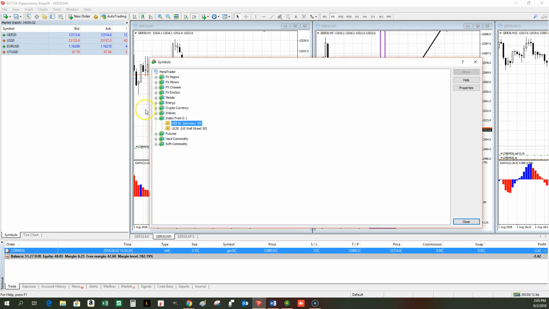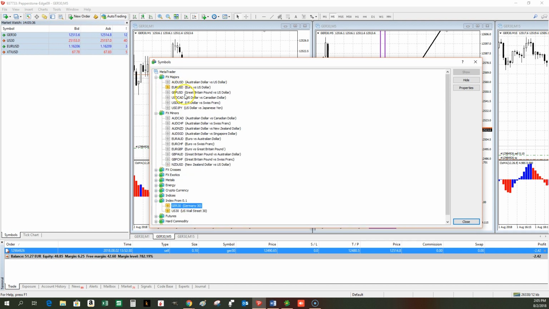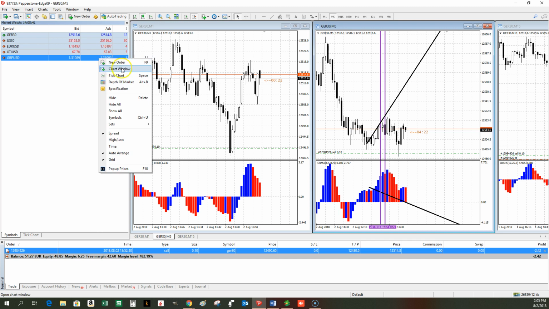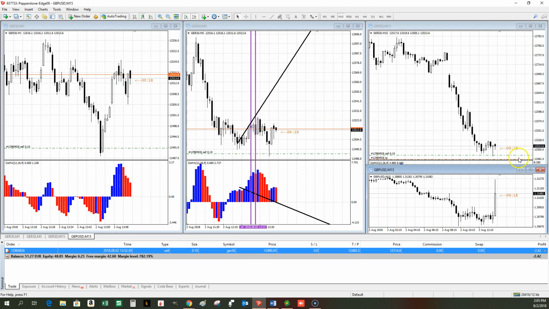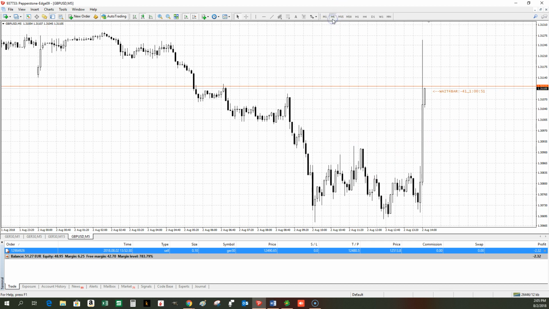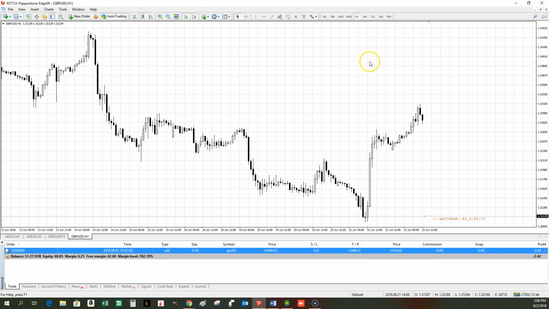Let's go and see what's going on with the GBP, okay? So the GBP is going up. You see? GBP is going up because of this economic event.